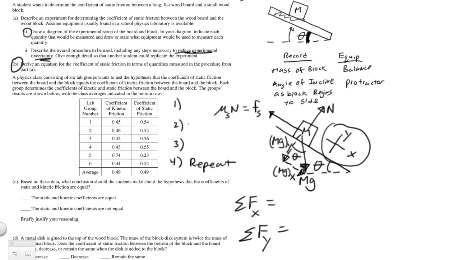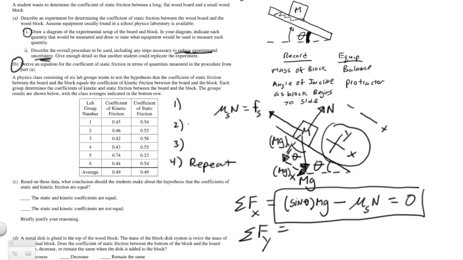So the two x forces, we have mgx pointing down the incline and friction pointing up the incline. Let's say that down the incline is plus and up the incline is minus. So the x component for mg is going to be sine theta mg, that's this guy, then minus static friction, which is mu static times normal force. Sum of the forces equals ma, but again, we're looking at the block when it's on the verge of slipping. In the x direction, acceleration is 0. It's on the verge of slipping.